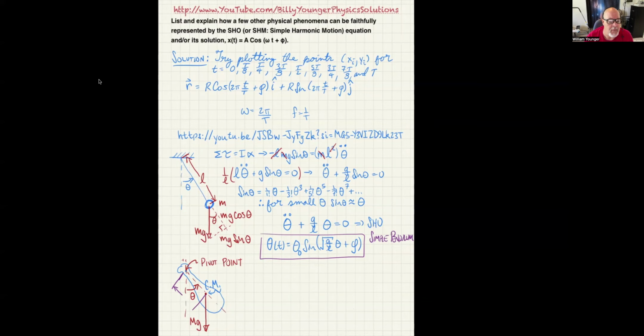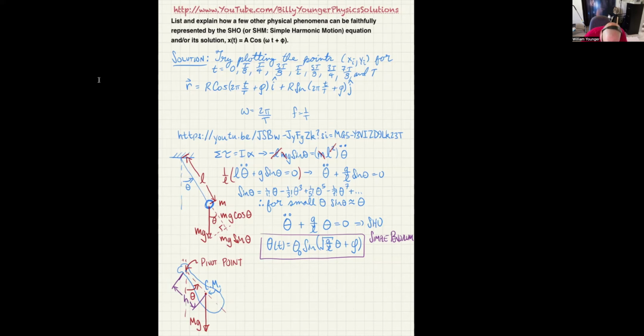And I'm actually trying to remember what your book used for that. Oh, your book used H, so I'll go ahead and put an H there. So if we call the distance from the pivot point to the center of mass H, then that's the actual length of the lever arm.